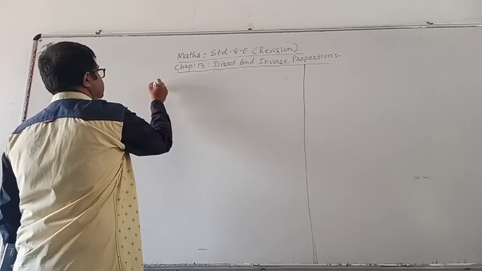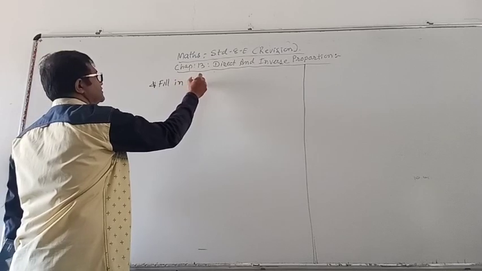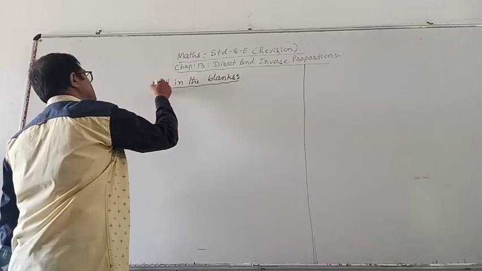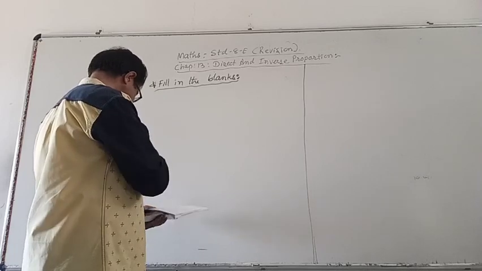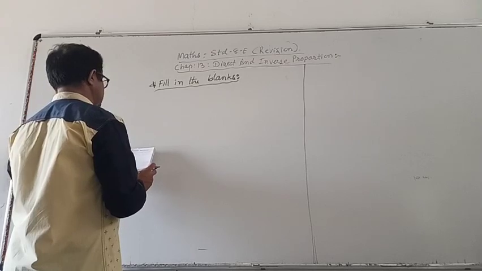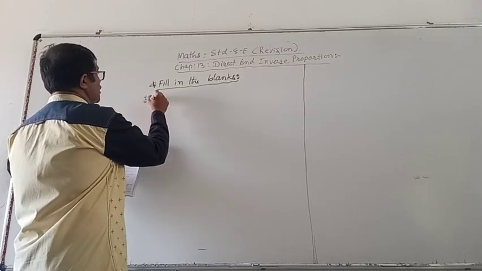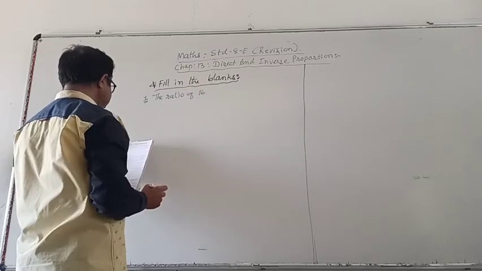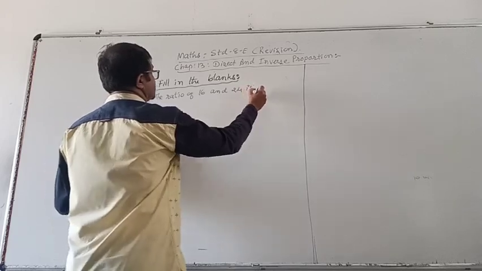So first we will take some fill in the blanks. First one: the ratio of 16 and 24 is blank.